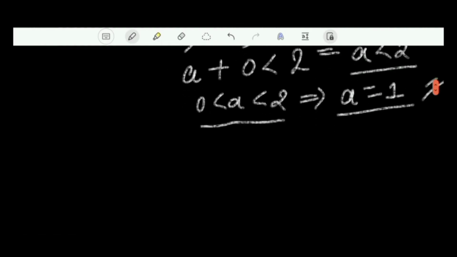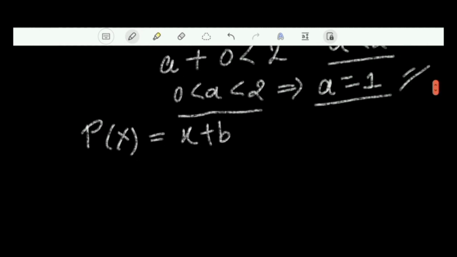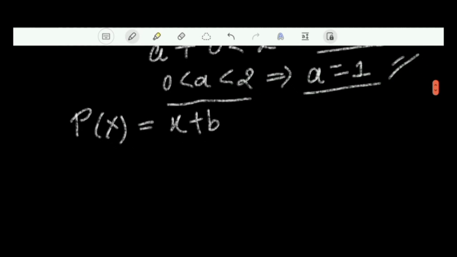And now we have a bit evolved form of P(x), which is x plus b. Now we can use our information that is given, x1 is equal to 1.